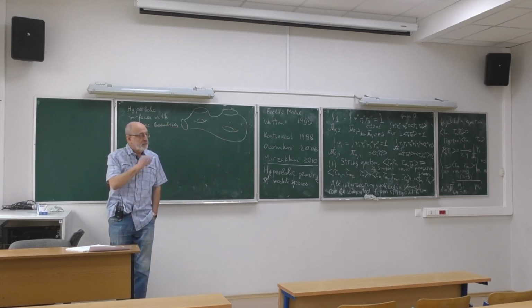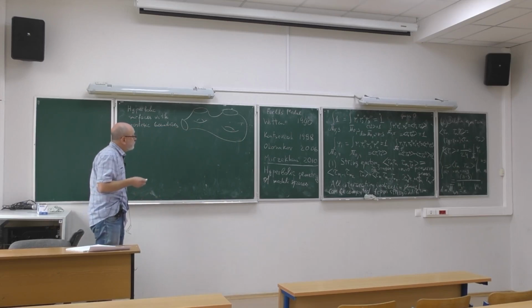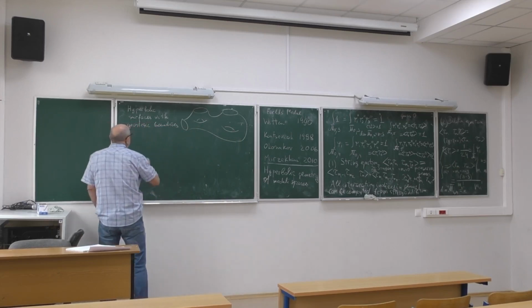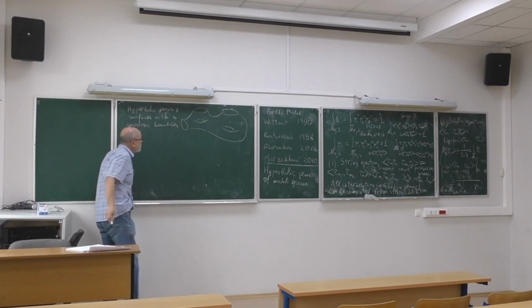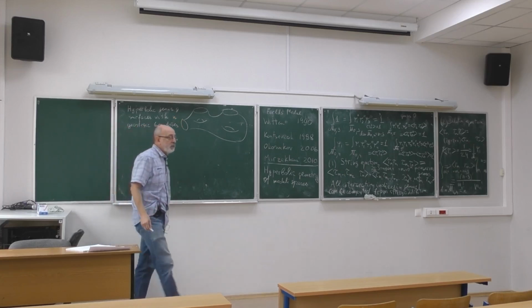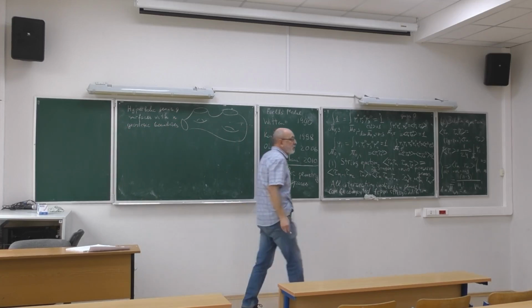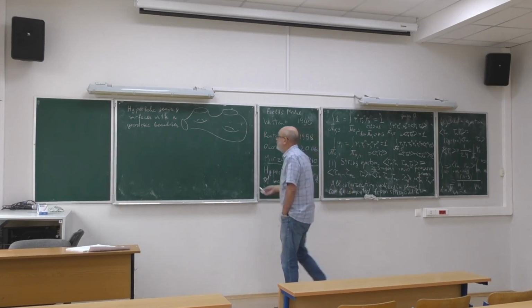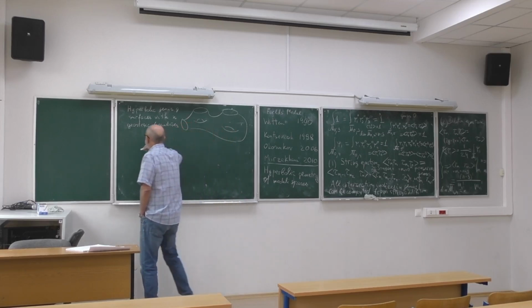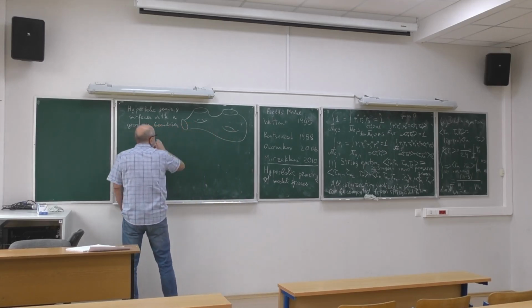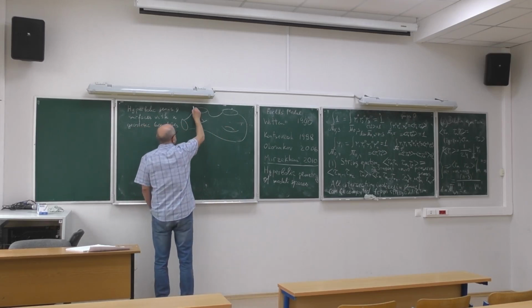Picture is like that. If we add here that the surface has genus G and geodesic boundaries, then we can consider spaces of such surfaces.